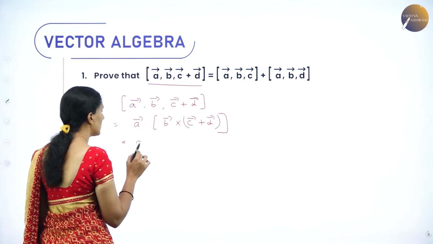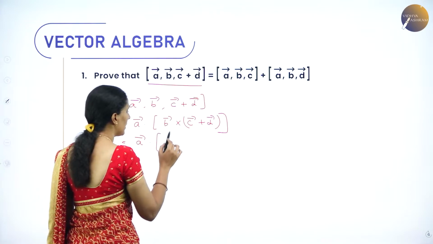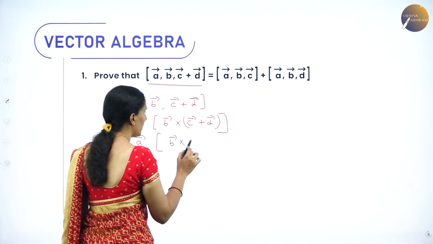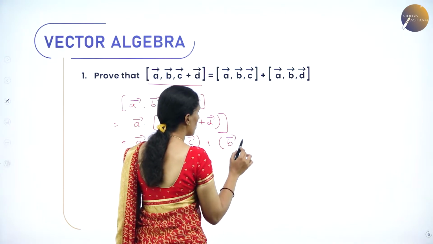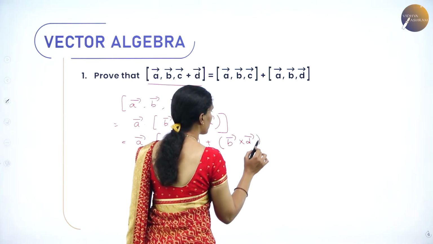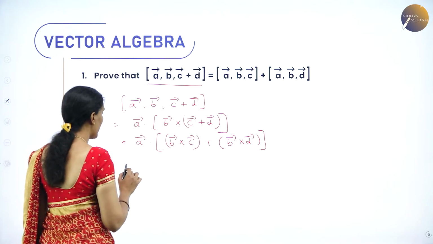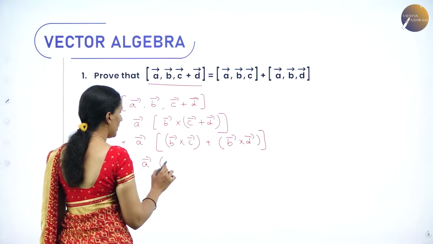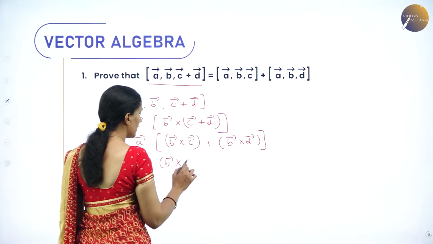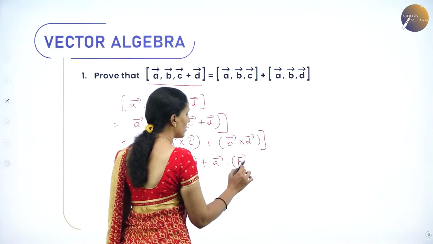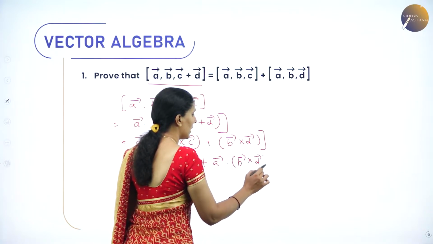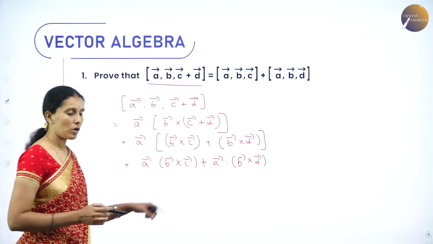So this is A dot, let us multiply, this becomes B cross C plus B cross D. Now let us multiply A inside, A dot B cross C plus A dot B cross D. Again let us write this in the box product form.